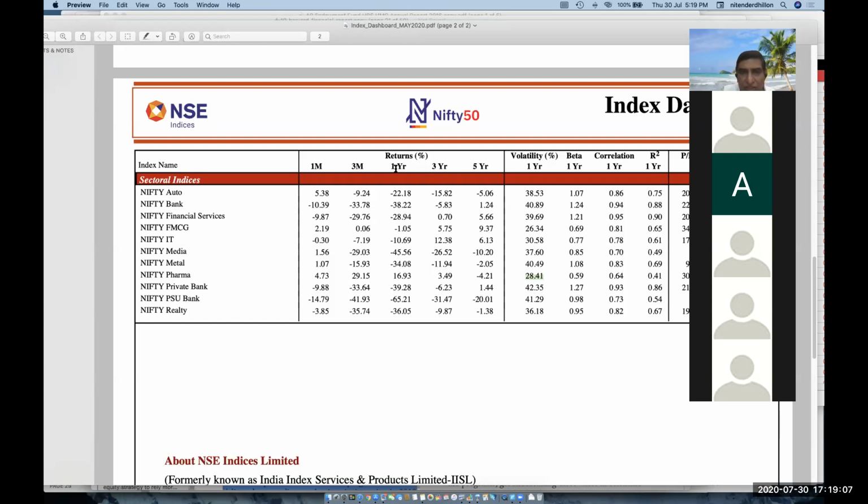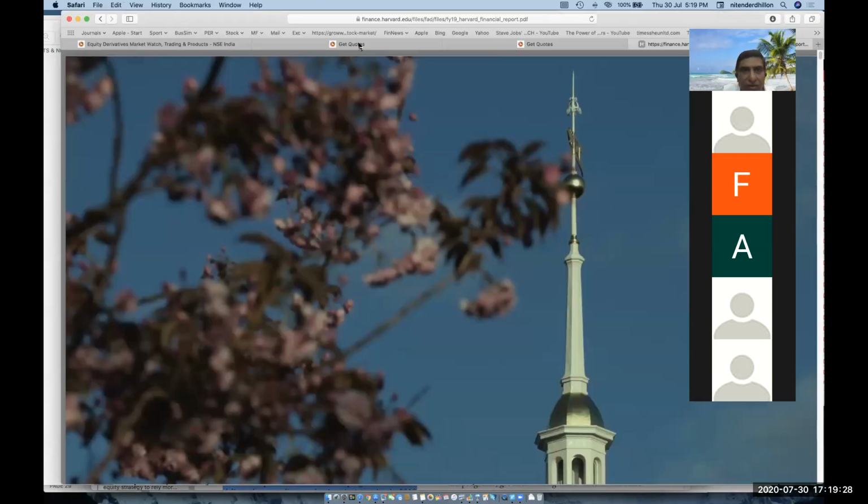The base must be constant. You are taking the yearly number, yearly return, yearly volatility. Sorry. But then the numbers which you calculated for the 10,000 around the standard deviation, that is volatility. Yes, volatility is the same thing as standard deviation.